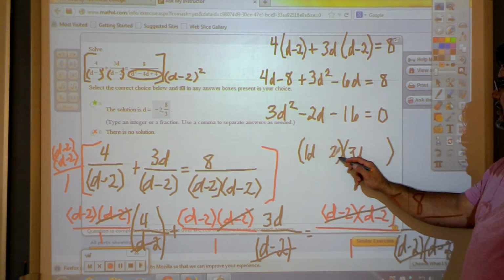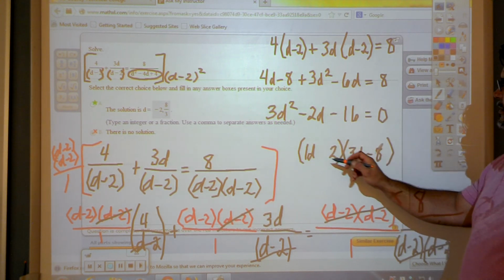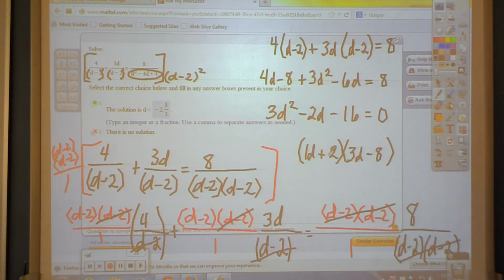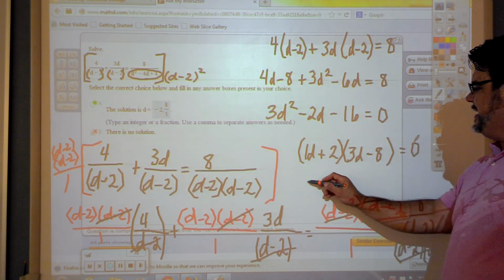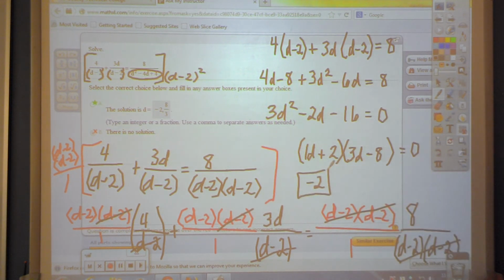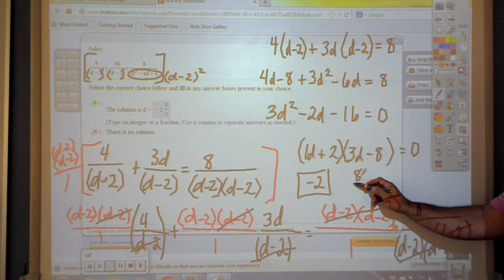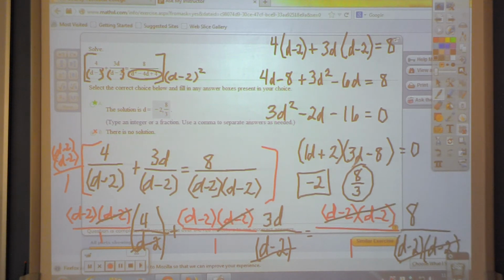I'd say a 2 here and an 8 here, and that's 6 and 8, so we want a negative 8, a positive 6. So D plus 2, and D minus 8/3. Negative 2, that's okay. That looks okay. That should be the answer.